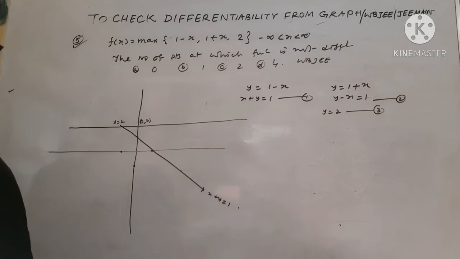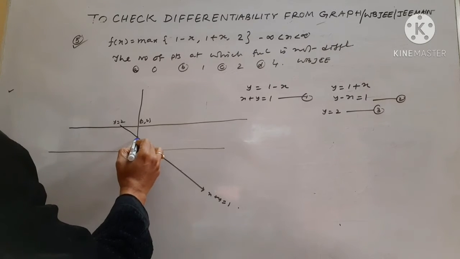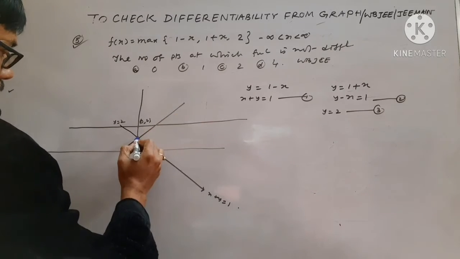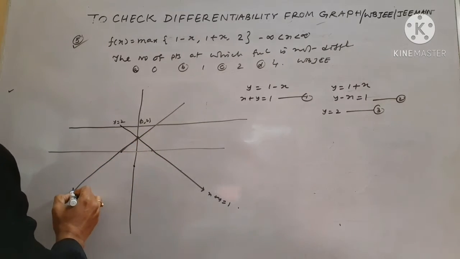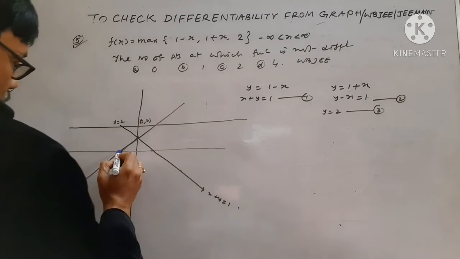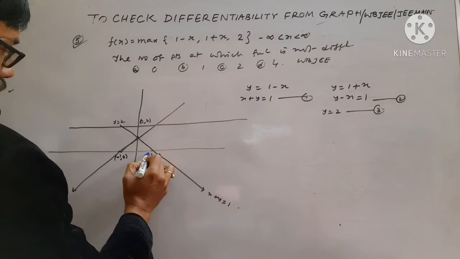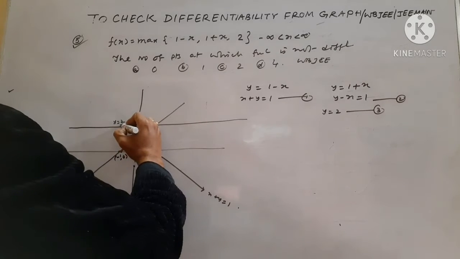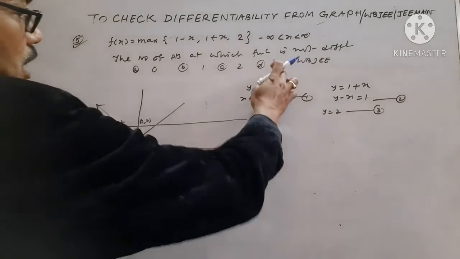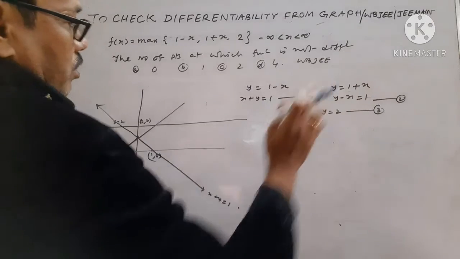Second one is x by minus 1 or y equals to 1. So this is minus 1, 0, this is 1, 0. Actually this graph is y equals to 1 plus mod x.